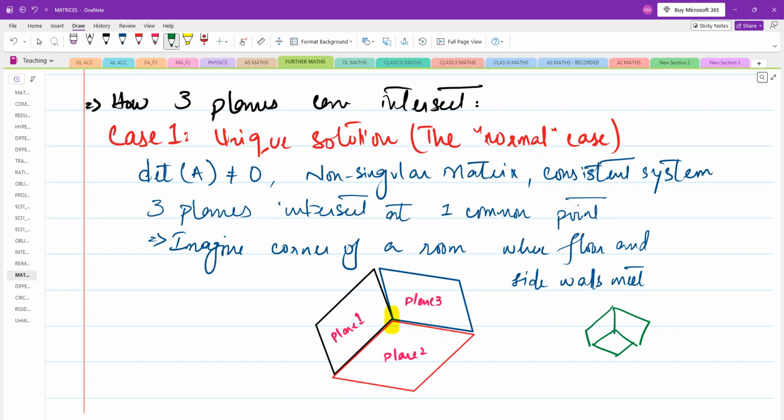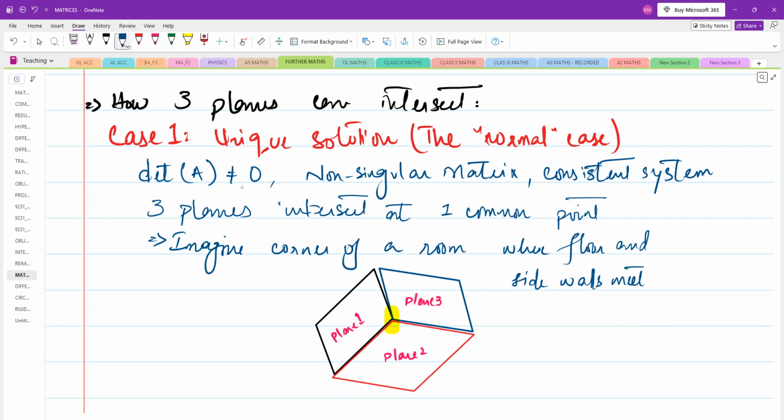What is happening here is that this wall, the other wall, and this floor are meeting at the very corner of the room, and that corner of the room is the intersection point of those three planes. What are the three planes? Two planes are the side walls, and the third plane is the floor. Those three planes are meeting at one common point, and that common point is the point of intersection of those three planes.